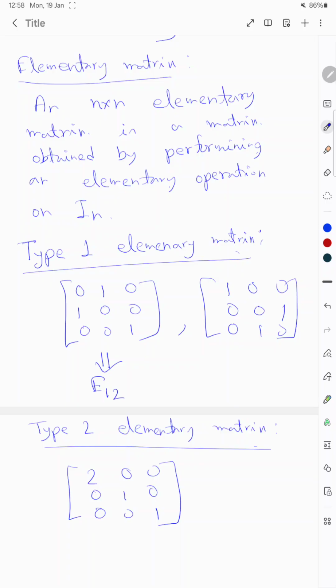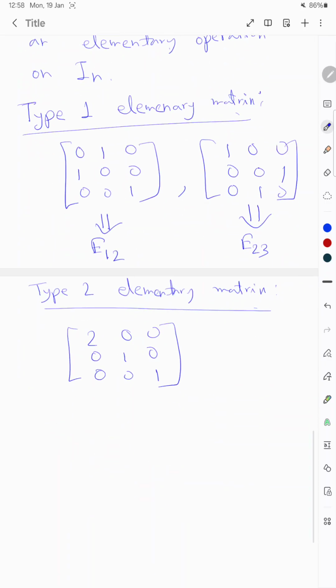So this thing is denoted by E12. This is the notation. If you give some competitive exam, there you may see this type of notation. So I am also highlighting this thing. This second one, you can see is the second and third, so you can write this is E23. Here, in type 2, you have multiplied with 2 in the first row, so this notation you can write E12.